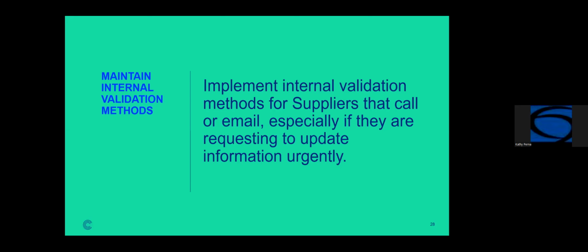But they aren't actually with the company, right? They've compromised the email of the actual supplier, and they're trying to get you to update their bank account details so that you can send them a payment. And so here is where you might use information that's stored at their company to verify the information, like the last four of their tax ID number or some other information that only the company might know. So this is a big one too.